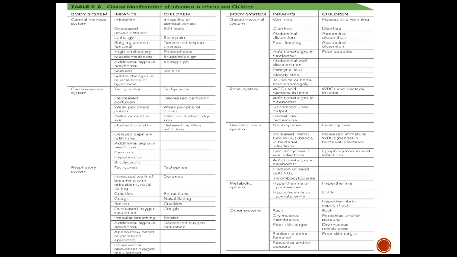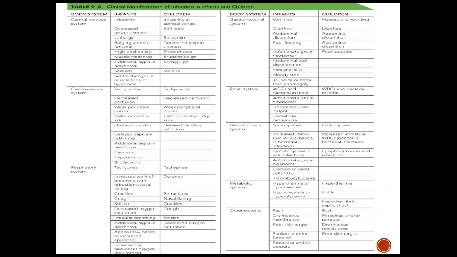But if their apnea has a new onset, or they're having increased episodes of apnea, or their apnea is lasting longer than it should, that's a sign of infection. In children, we don't typically see the grunting. You may see the retractions, and you might see the nasal flaring. And then sometimes you may see or hear stridor.